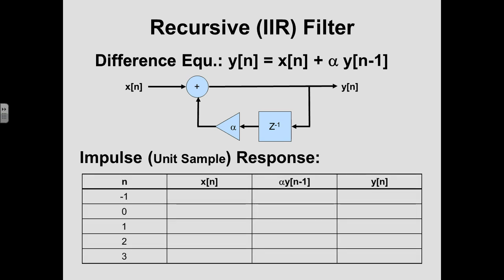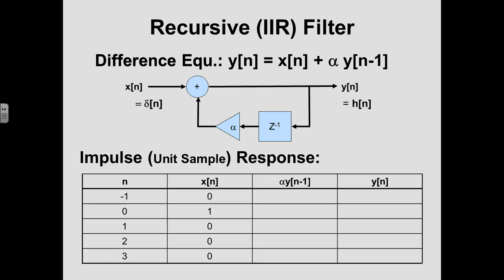So we can always break out a recursion table and substitute in a unit sample sequence, run that through the difference equation, and see what comes out, and see if we can infer the functional shape of the unit sample response.